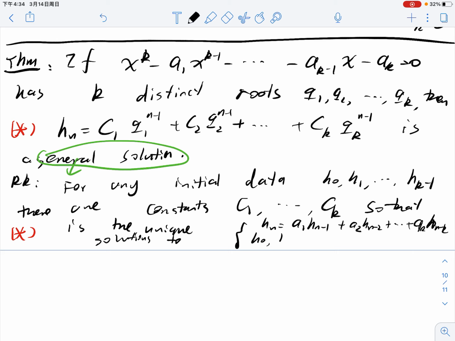And H0, H1, all the way to Hk minus 1 are prescribed.